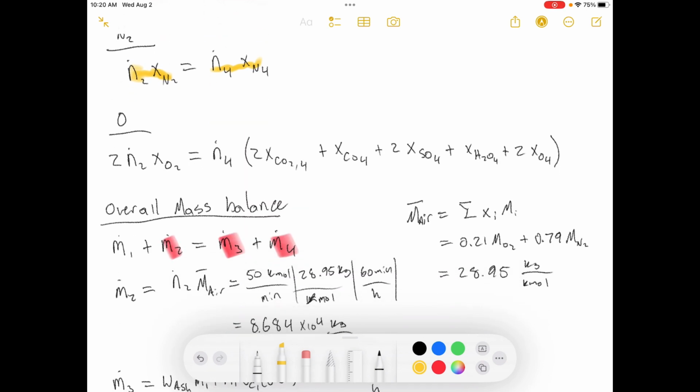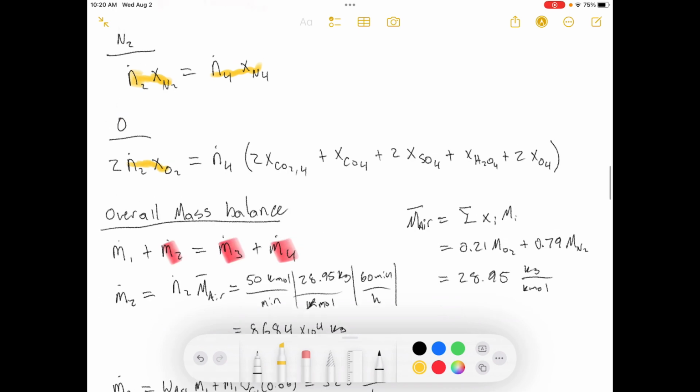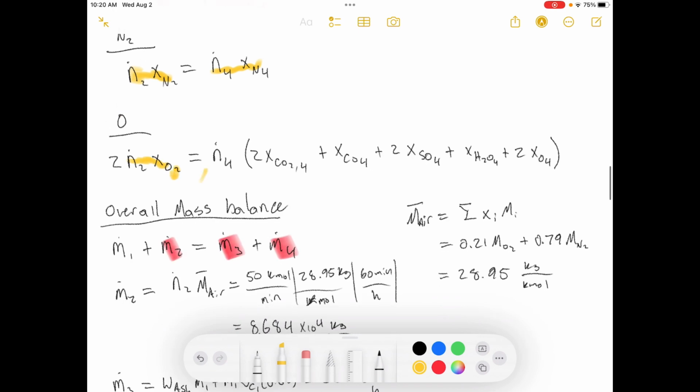Oxygen goes in the airstream, but for every 1 mole of oxygen gas, there are 2 moles of oxygen atom in it. Okay. For every mole of carbon dioxide, there are 2 moles of oxygen. For every mole of carbon monoxide, there is 1 mole of oxygen.